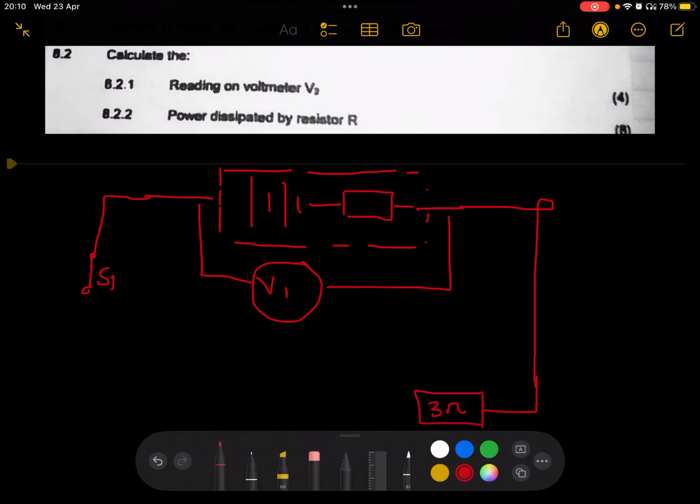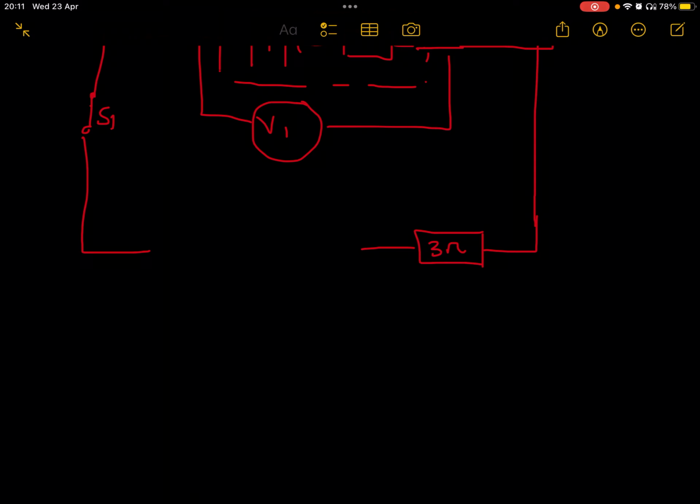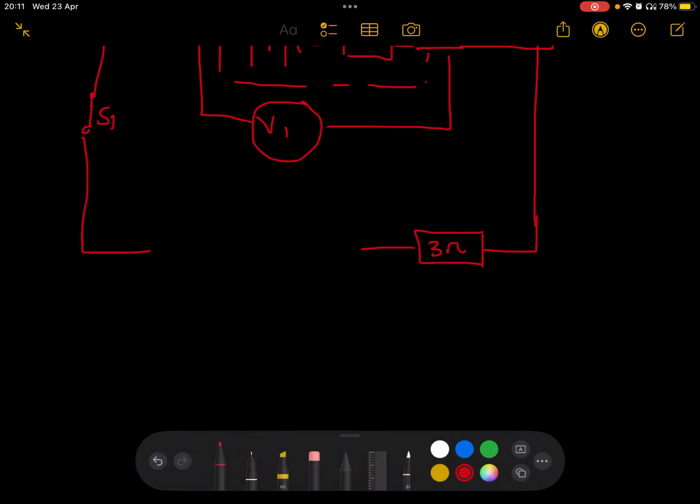Then there's that parallel part, of which we are not going to include the part that has S2 with the 5 ohm resistor, because I didn't get the full question there.